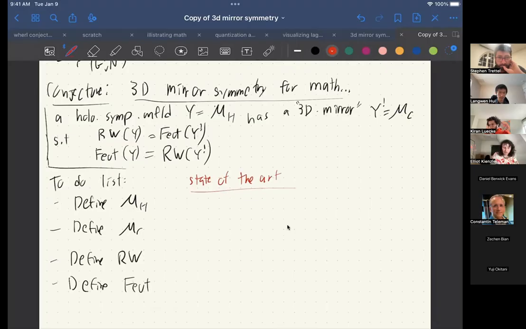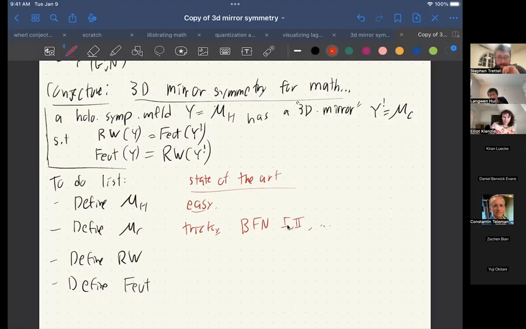Higgs branch is easy. We know how to do this. We've known since the 80s. Coulomb branch is tricky, but there's a lot of work on it, and let's just say Braverman, Finkelberg, Nakajima gave the first mathematical definitions, etc. Teleman did some stuff with it. But this is a recent thing, like 2016 and onwards.